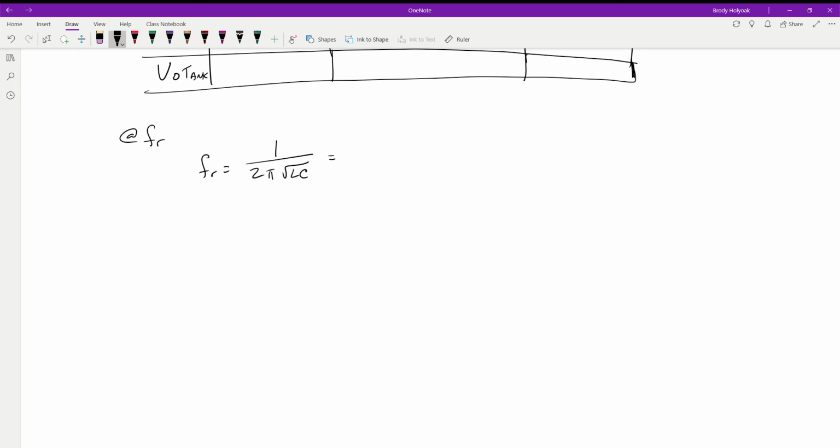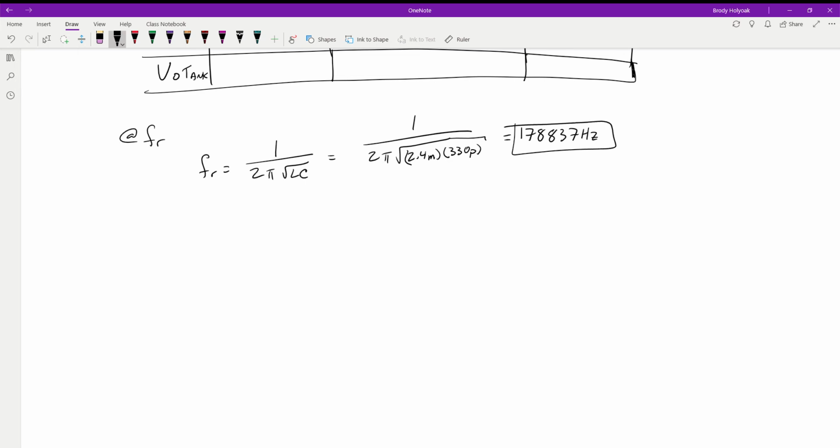As we put that in, we end up with 1 over 2 pi times the square root of 2.4 milli multiplied by 330 pico. Square root of those values times 2 pi, take the reciprocal of that, we end up with a frequency of 178,837 hertz. So there is our frequency that we're going to be solving for.